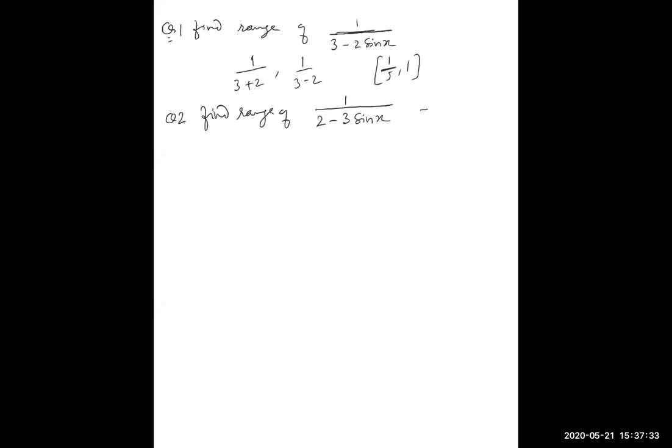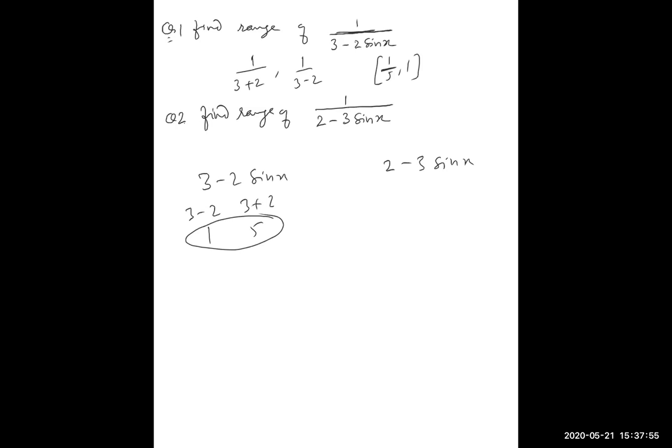See, in the previous question, the first question, compare both of them. In the previous question, you are having 3 minus 2 sin x. Whereas in this question, I am having 2 minus 3 sin x. This was 3 minus 2 to 3 plus 2, that means 1 to 5.